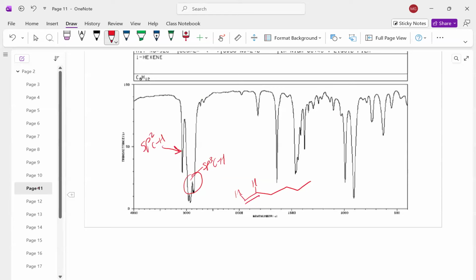Now, if I have that sp2 carbon-hydrogen, it's a pretty good bet I should have a carbon-carbon double bond. And that's what I see right there, around 1600, right where I would expect it to be. That's going to be our carbon-carbon double bond.